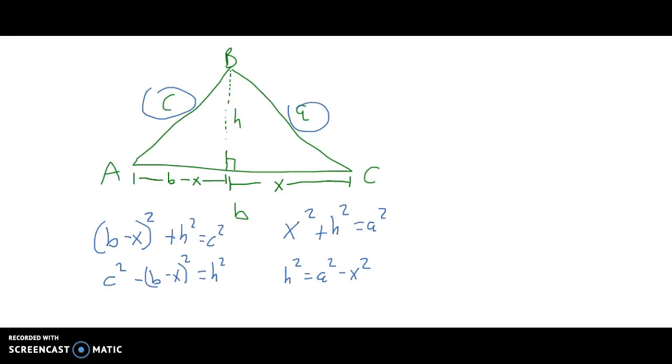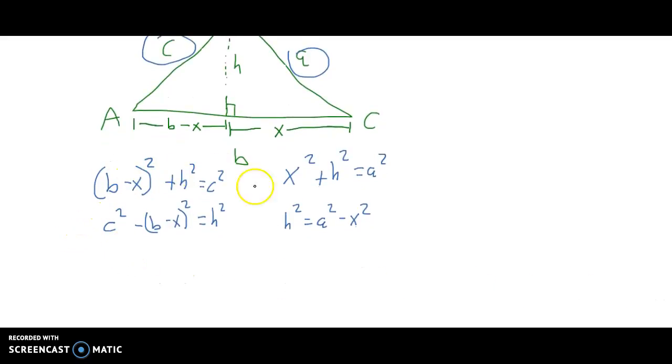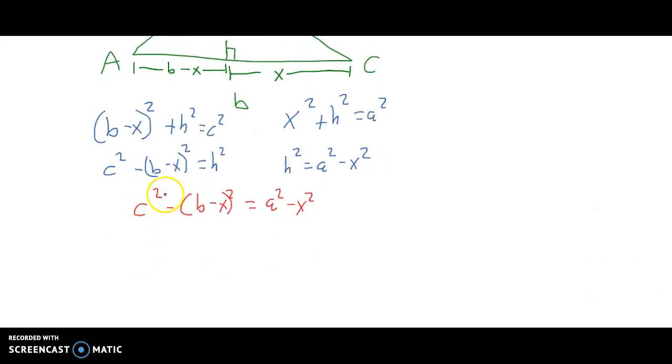A fairly similar start to our law of sines. Now that we have h squared and h squared, we can set these equal to each other. So c squared minus (b minus x) squared is equal to a squared minus x squared. At this point it should hopefully feel pretty straightforward. Let's expand the (b minus x) squared section.